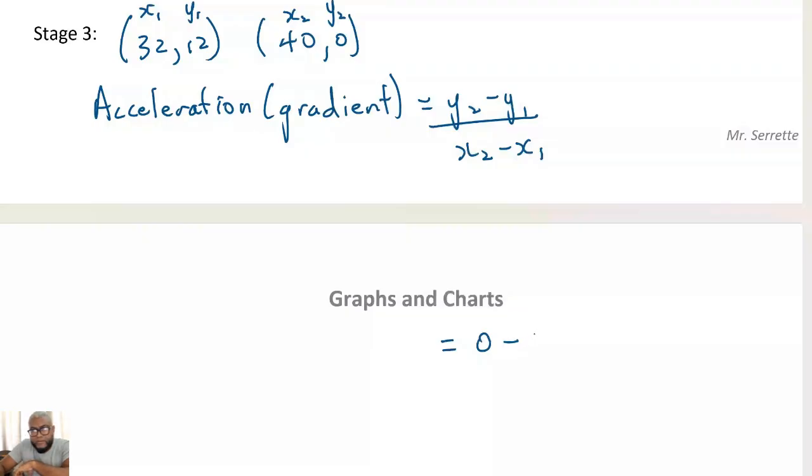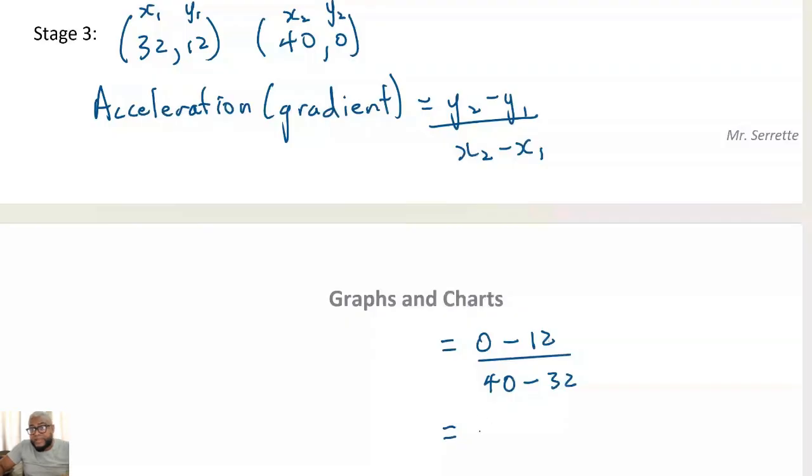Y1 is 12. Excellent. Amelia, x2. 40. Orion, x1. 32. Right. So I just want to make sure everybody is following now. If somebody jumps out and tells me they didn't understand this, they are playing the fool.